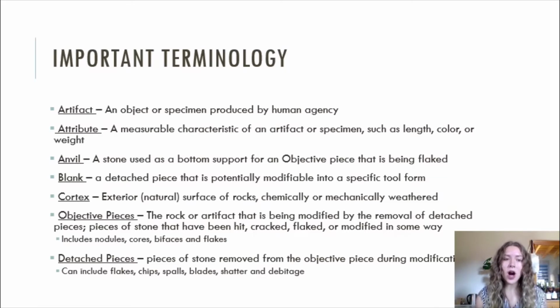Detached pieces are the pieces that are removed from the objective pieces during the process of modification. And so detached pieces usually are going to be flakes, but can also be chips, spalls, blades, shatter, and debitage. All of these terms are not being covered in this lecture right now, but we'll be introducing you to these as we go along and as they become relevant to the topic of the week.